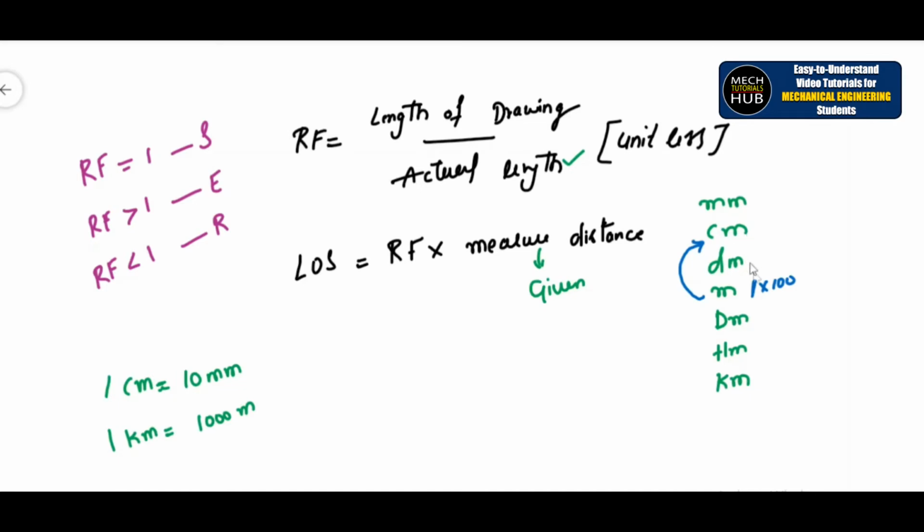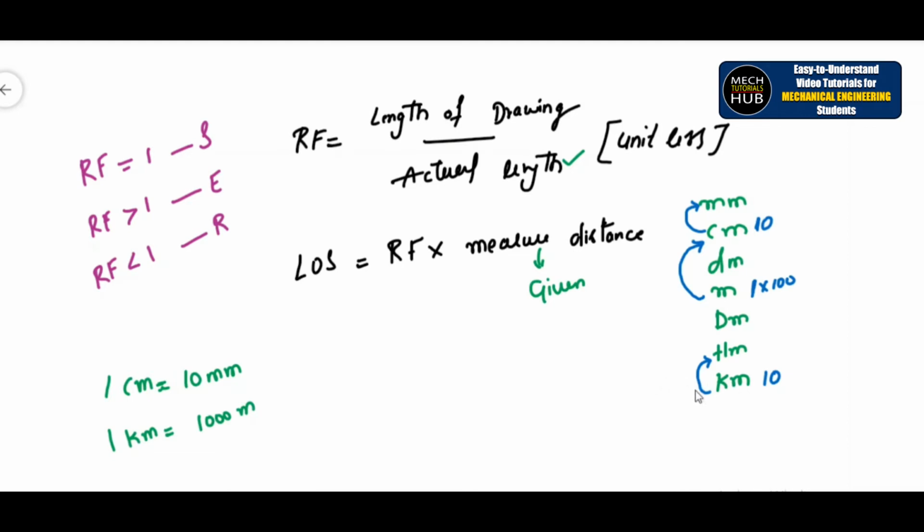2 zeros will give you 100. Similarly, if I want to convert from centimeters to millimeters, one zero gets added beside the number, because millimeter is only one step ahead. Similarly, converting from kilometer to hectometer, 1 is multiplied by 1 followed by 0.